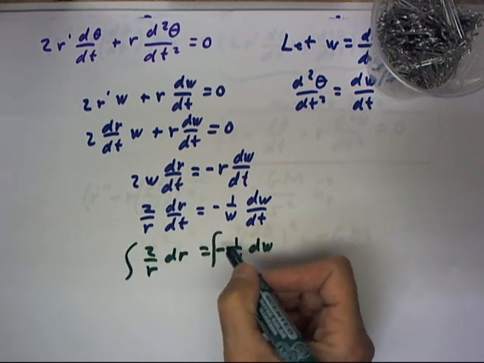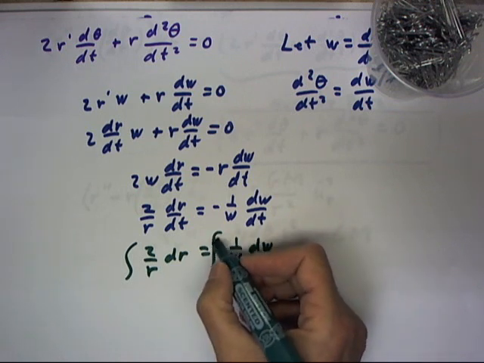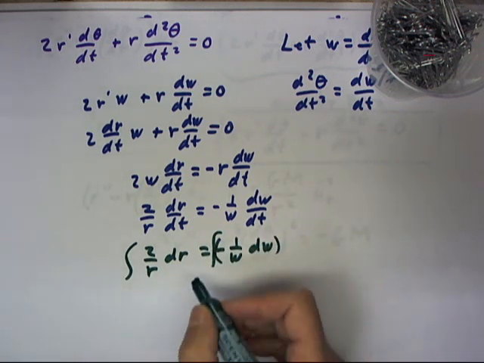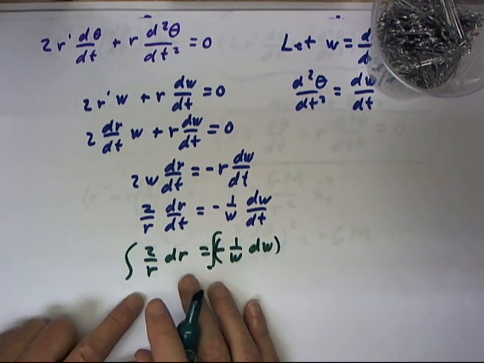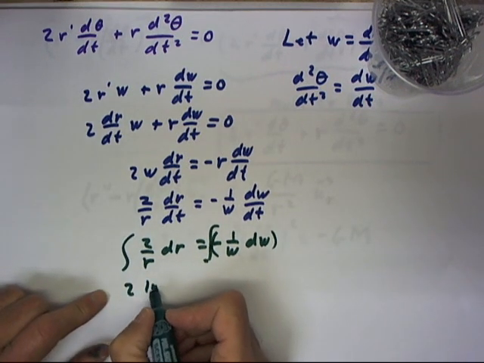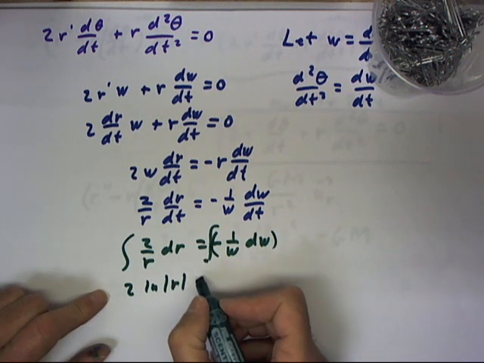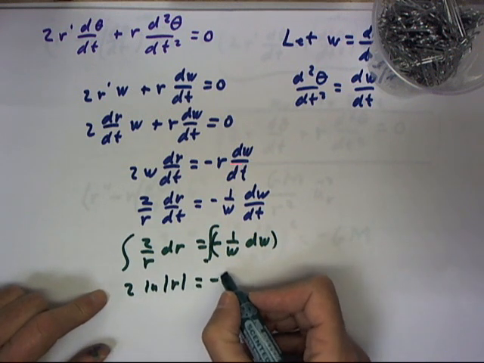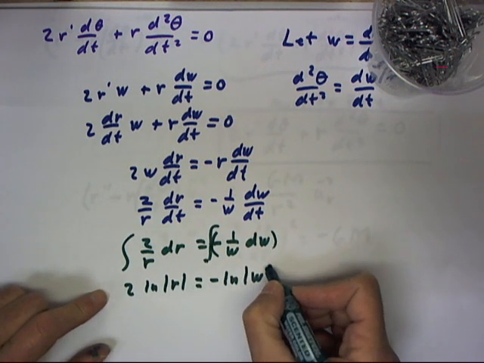Probably should get some parentheses in here. And we just do the integration. We get 2 times the natural log of the absolute value of r equals negative natural log of the absolute value of w.